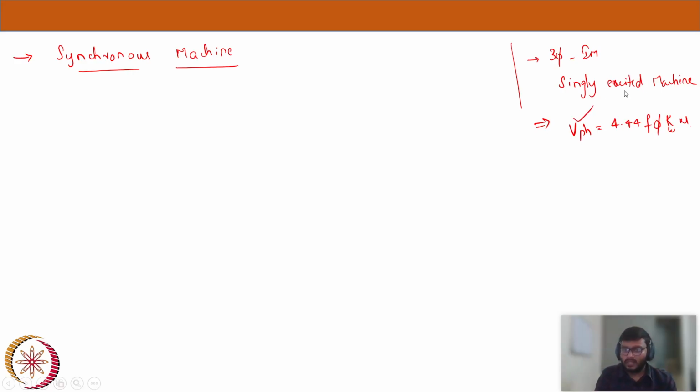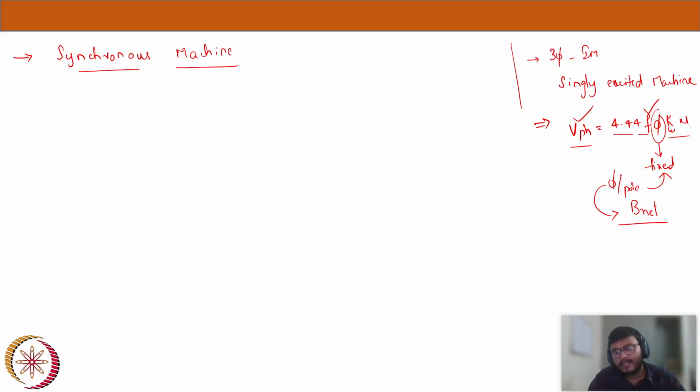That means my supply voltage is fixed, and my supply frequency is also fixed, whether it's 50 hertz in India or 60 hertz in the US. Since V phase and frequency both are fixed, this flux phi will also get fixed, because our other parameters are constants. Now my flux per pole is fixed, so my net magnetic field intensity is also fixed. The magnetic field is also fixed.